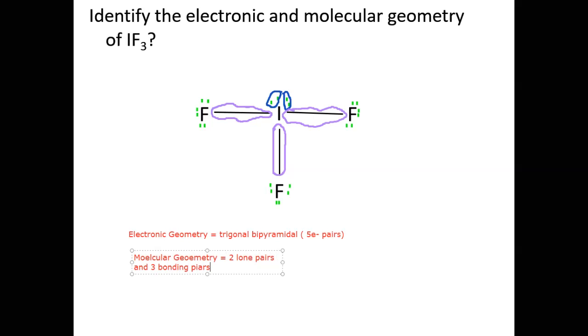When you look this up, this is T-shaped. And that's because the bonds form a T shape, the bonding pairs. So it looks like a T. Let me do this in red, so you see it forms a T, and that's where the T shape comes from.